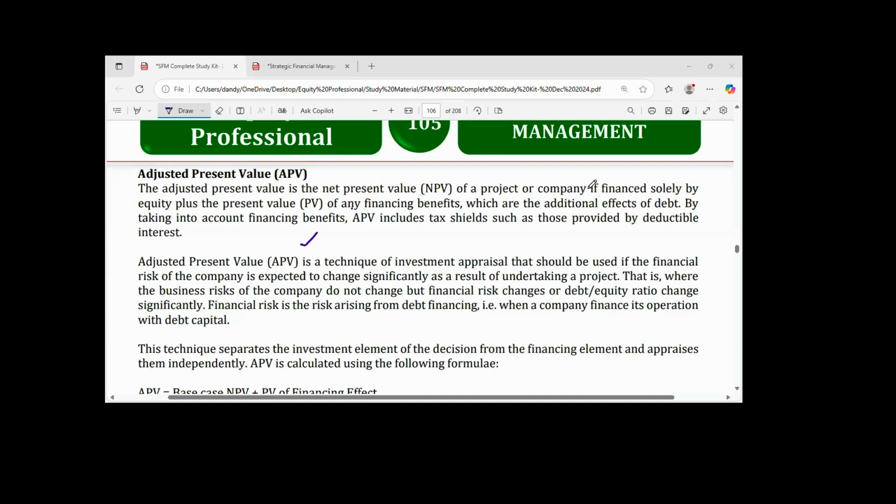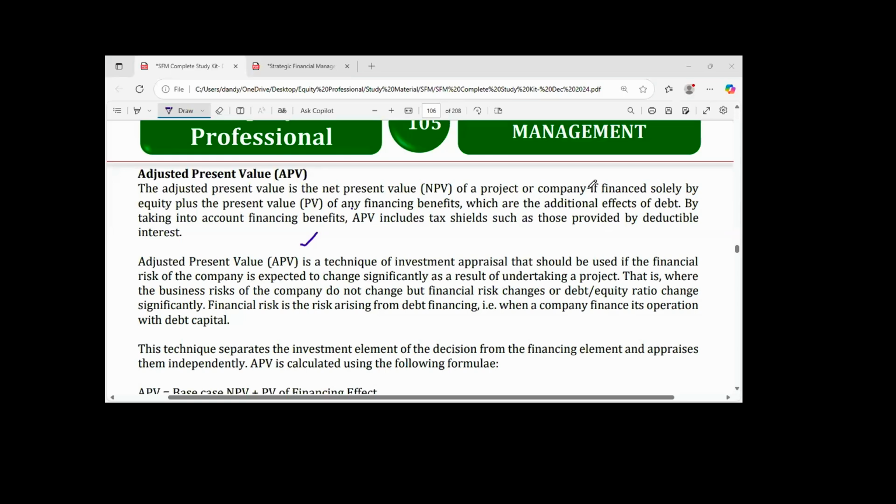So APV and NPV are similar. However, what differentiates APV from NPV is issue costs as well as a subsidized loan.